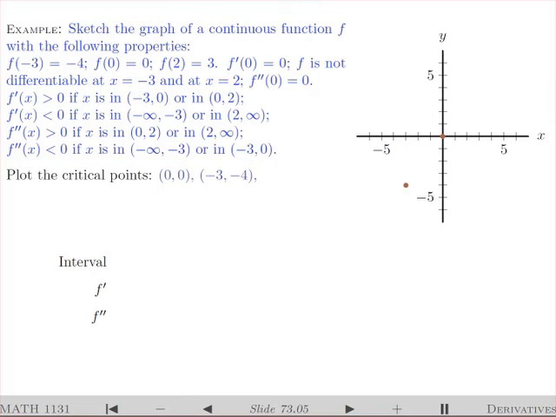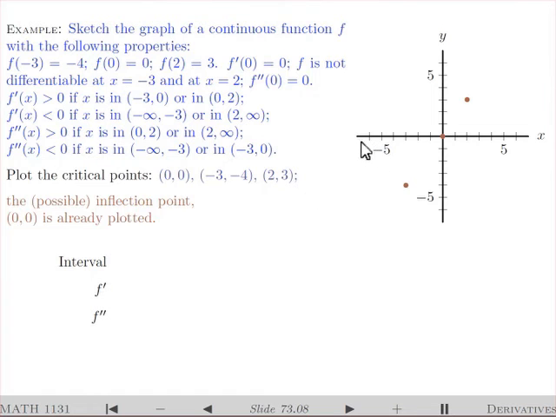Let's plot that as well. And it also says f is not differentiable at 2, so there's a critical point with x coordinate 2. The y coordinate is f of 2, which is 3. So the point is 2, 3. There is a potential point of inflection because we know that f double prime is 0 when x is 0. We've already plotted that. What is left is the sign chart information.